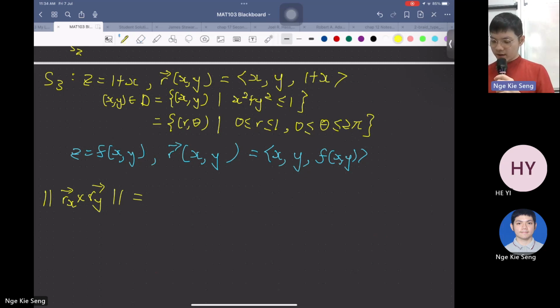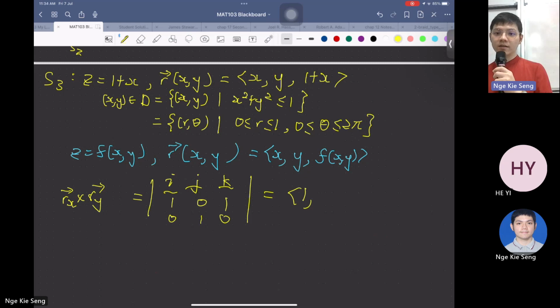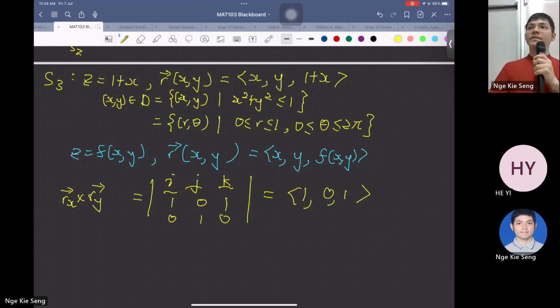So what is the cross product here? Let's compute the cross product first. It is between (1, 0, 1) and (0, 1, 0). If you cross these two together, you just get (1, 0, 1).